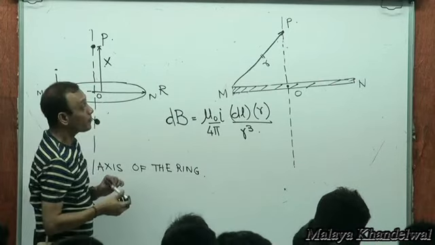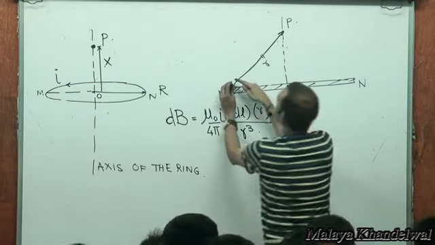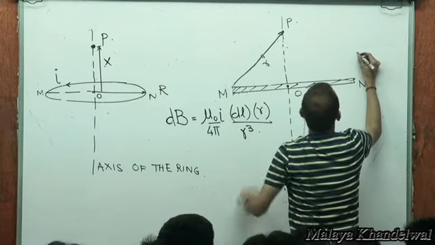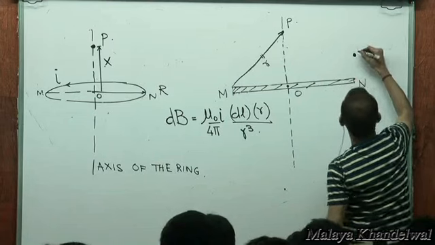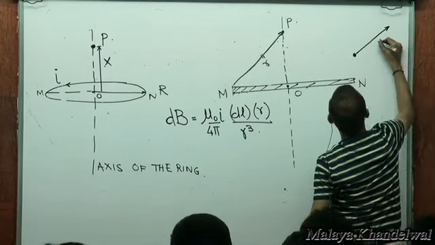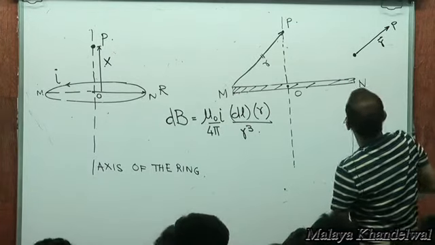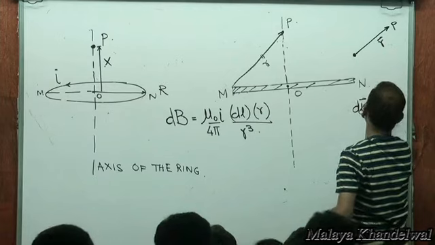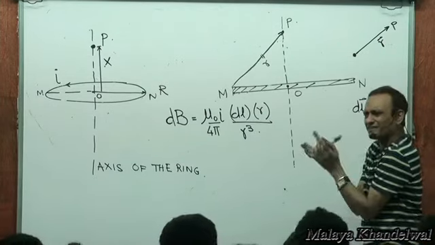Clear? Now, realize that if this is dl, this is r, dl coming towards you, this is coming towards you, this is r leading to the point P, right? So, dl cross r will always be perpendicular to both dl and r, perpendicular to the plane of dl and r, right?